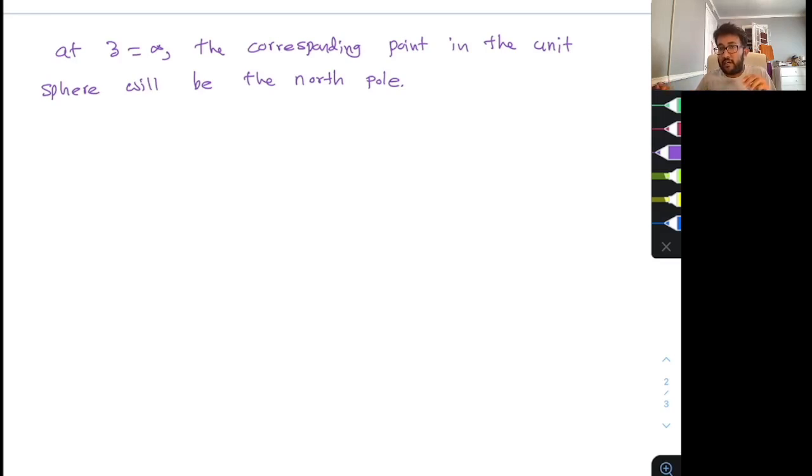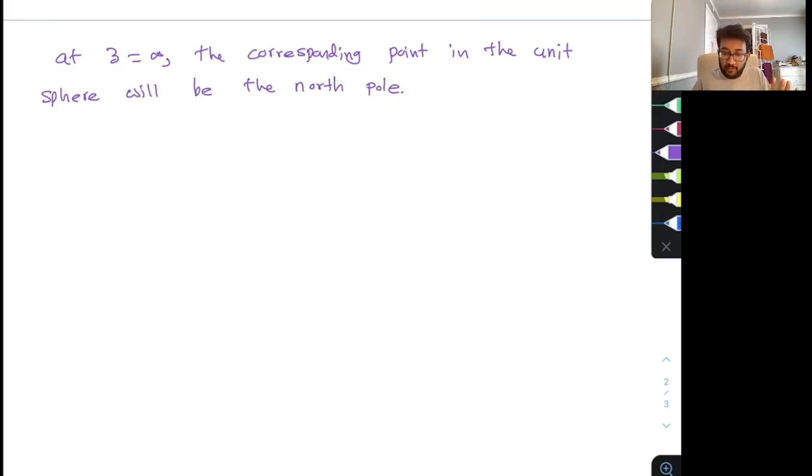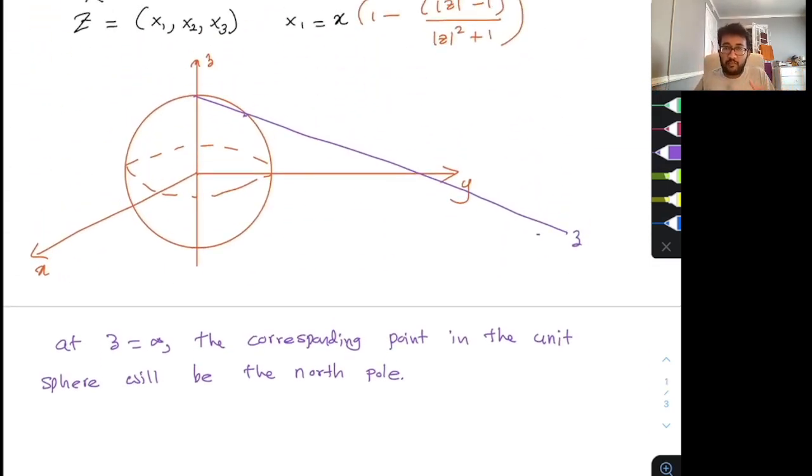That means if you take any point on this sphere, there is a corresponding point in the complex plane, and to each point in the complex plane there is a unique point on the sphere. It can be found by using the algebraic expressions that we derived.